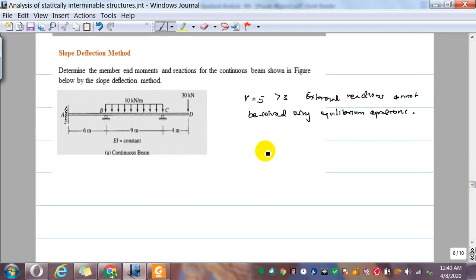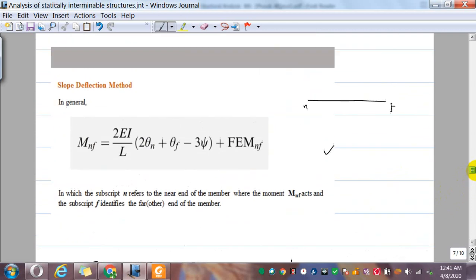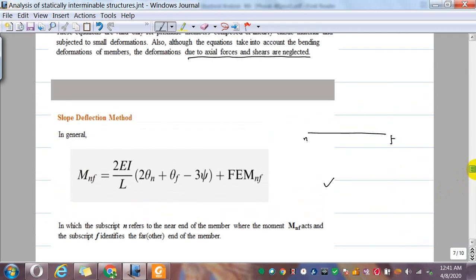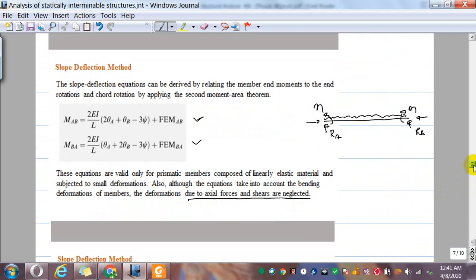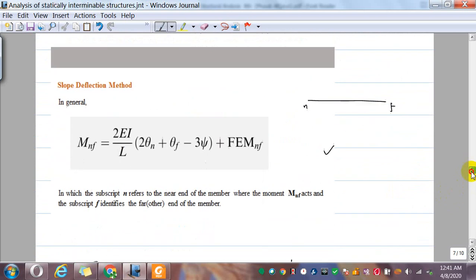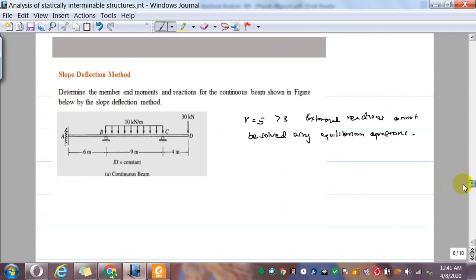In the slope deflection method, as we discussed yesterday, this is the generic equation, and you derive a set of equations for each segment. Before we do that, I would like to draw the free body diagram.